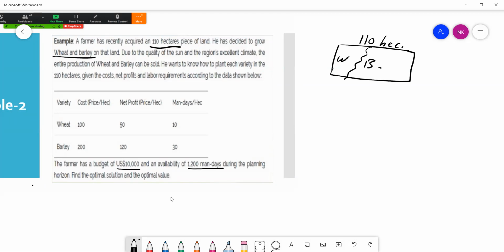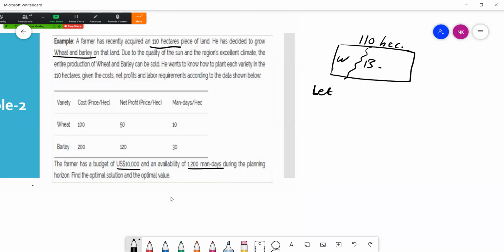It's just an example. So let's say he's dividing the land into two parts where he would be growing wheat and barley, but he doesn't know how much part he should have for wheat and how much for barley. So what is asked is that you need to find out how many hectares I should have.